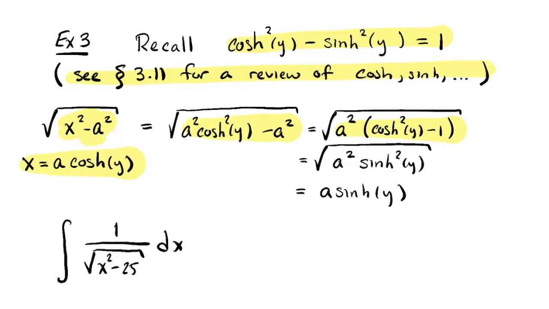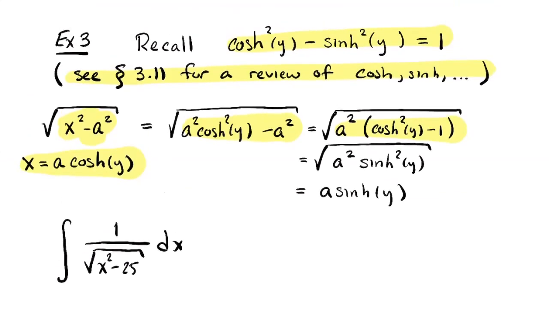So I replace cosh squared minus 1 with sinh squared, and take the square root. I'm assuming the values of y satisfy that sinh of y is greater than 0, so I drop the absolute value signs, and that square root becomes just sinh.